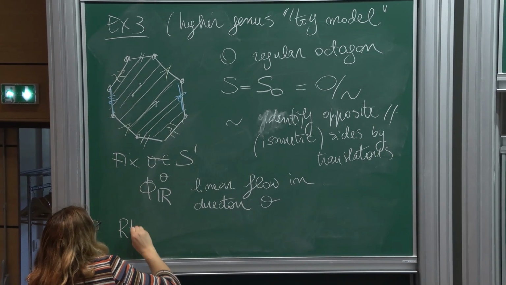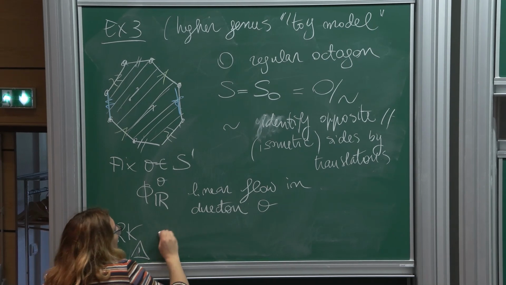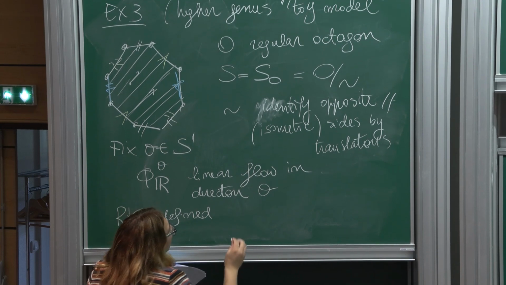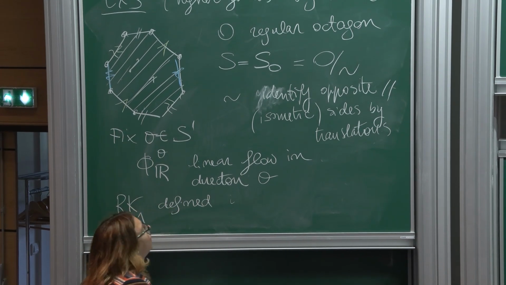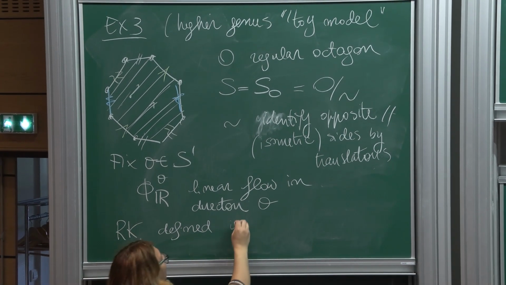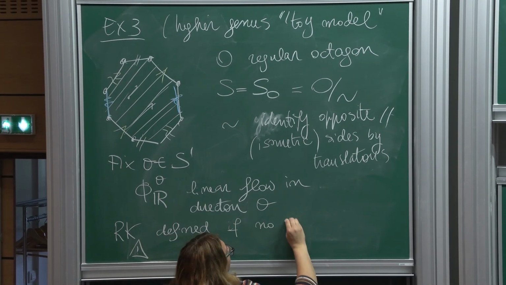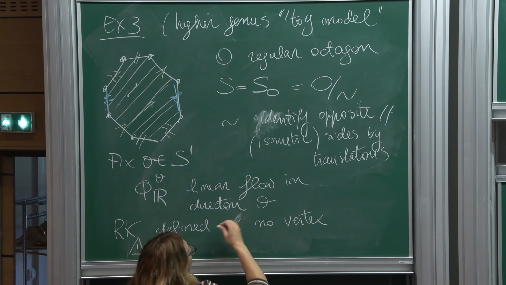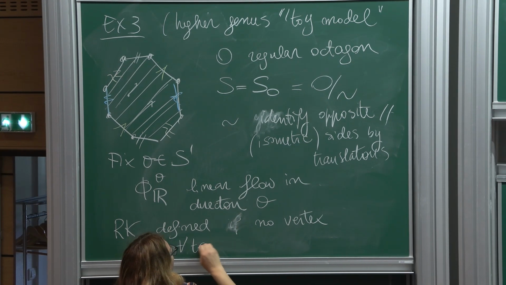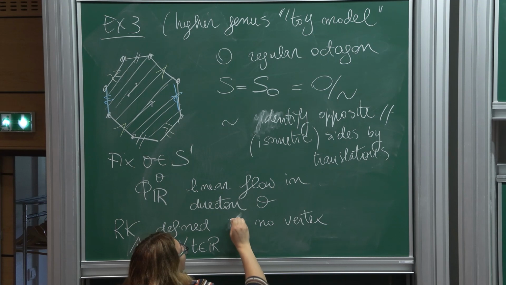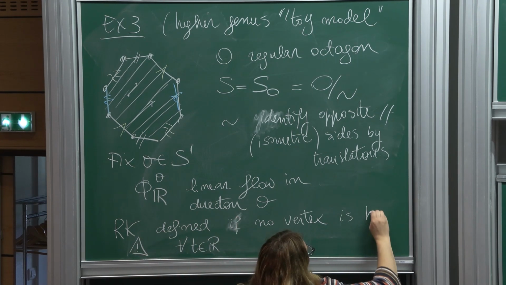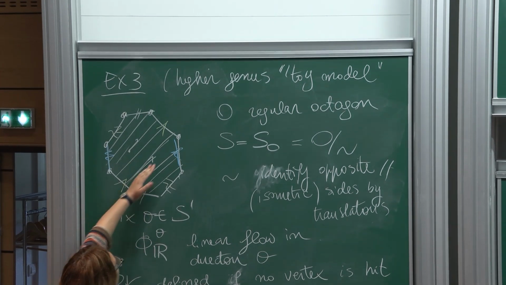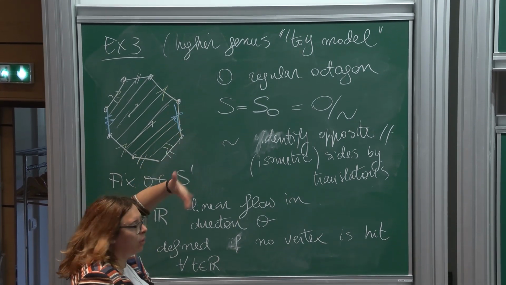A warning is that it's defined almost everywhere, on a full measure set with respect to Lebesgue measure: defined for all time t if no vertex is hit. If you take a trajectory which goes into a vertex, you don't define what happens next.